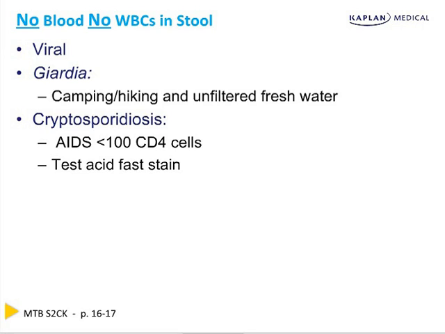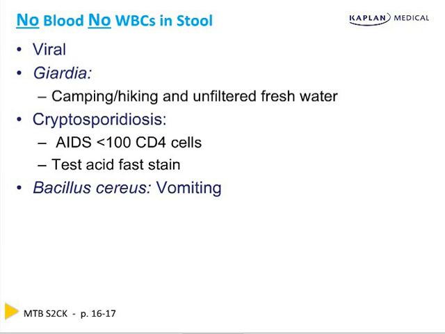The test is an acid-fast stain, a modified acid-fast stain. The most common wrong answer is expecting to see it on the ova and parasite exam. You cannot see it on the ova and parasite exam.